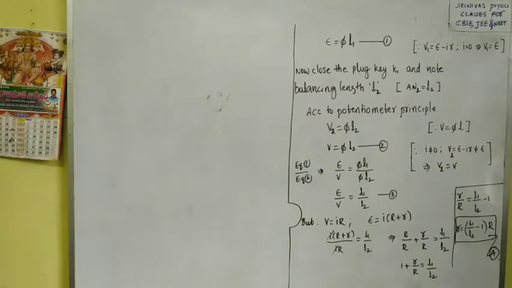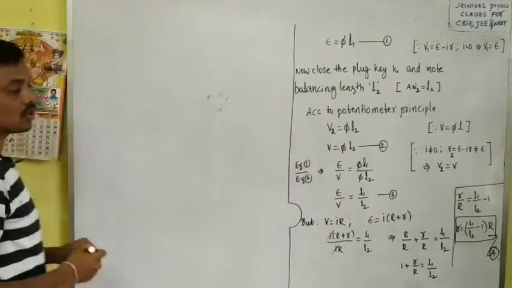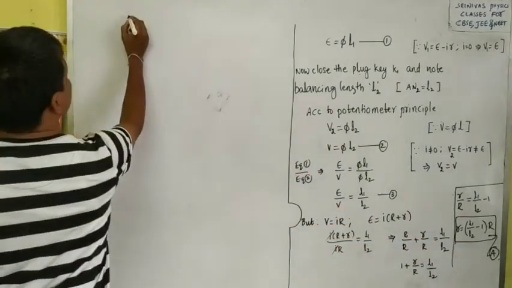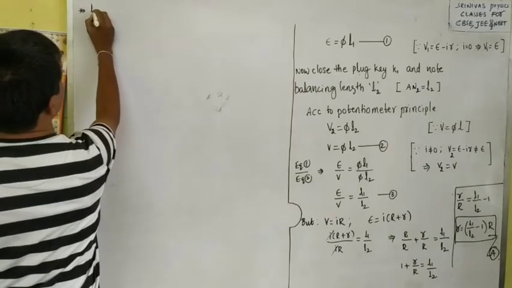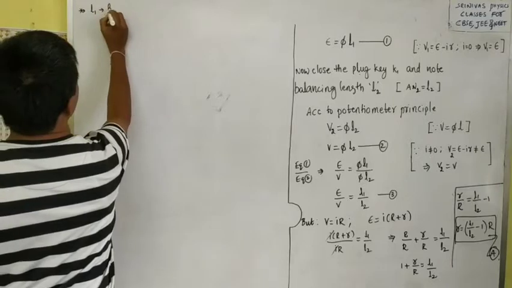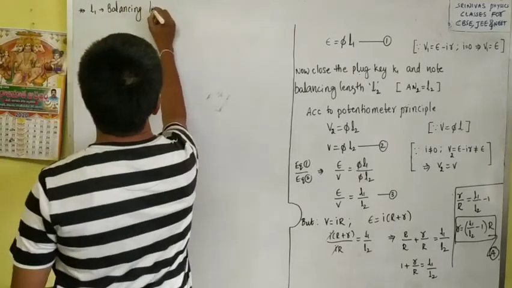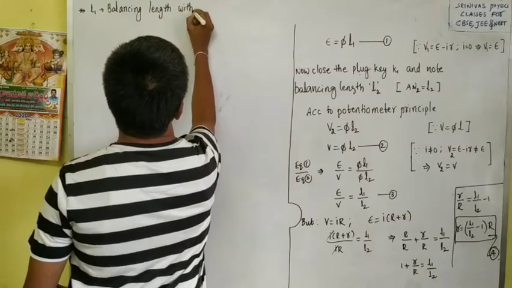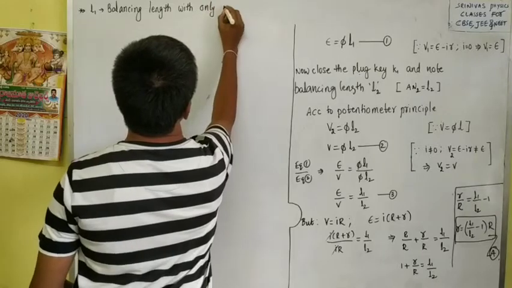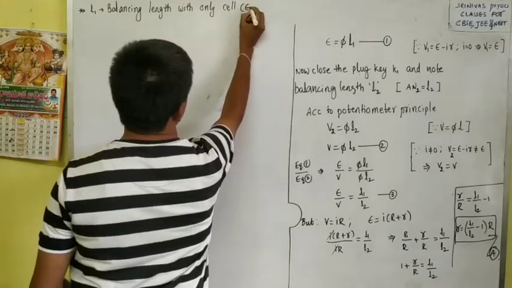Let us see what L1 is in this equation. Finally, we got equation 4 as small r is equal to L1 by L2 minus 1 into capital R. L1 is the balancing length with only the cell in the secondary circuit.